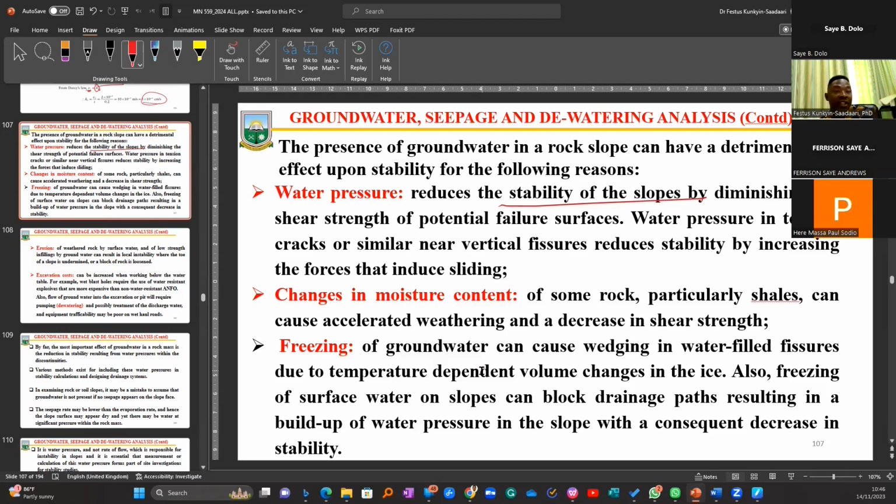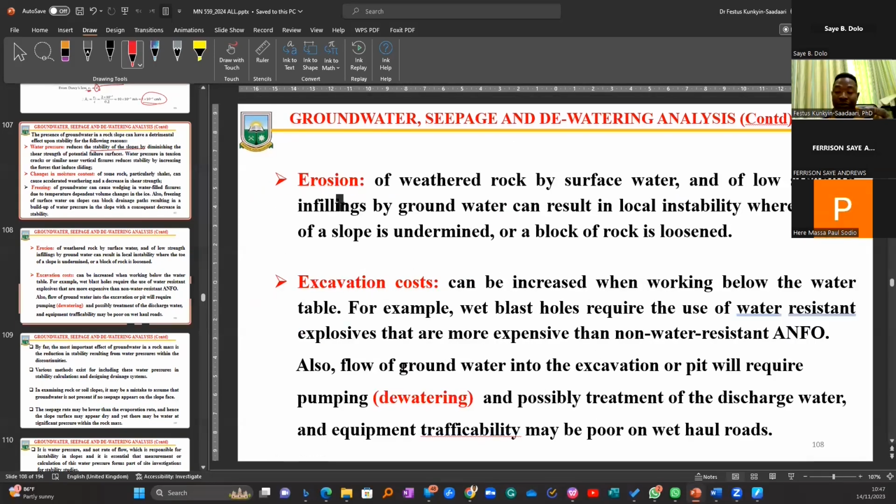Then freezing. Freezing is a situation where you have water within your rock sample and then you have cold weather conditions. It freezes, and once it freezes, it reduces the strength of the rock because it can crack. It can cause cracks within the sample and then cause a lot of wedge failures when you least expect them.